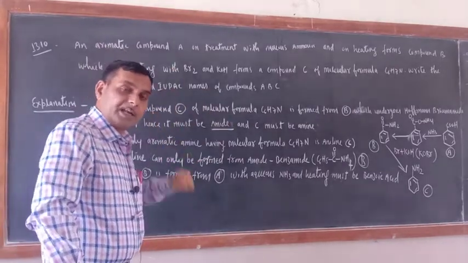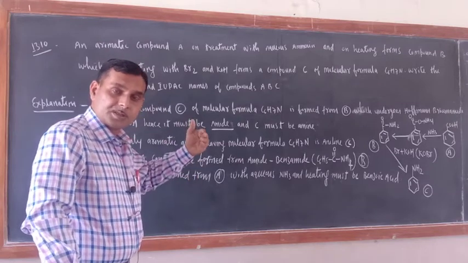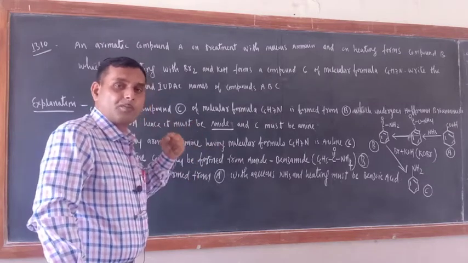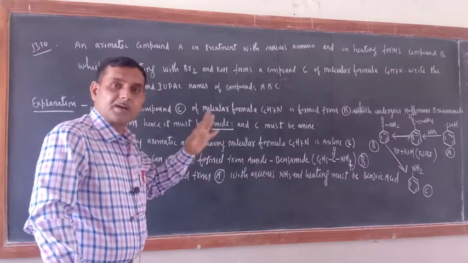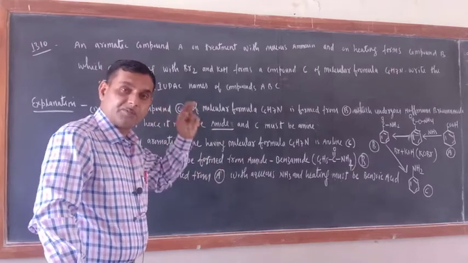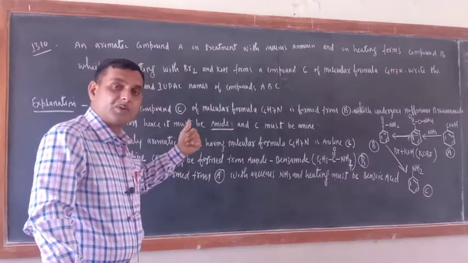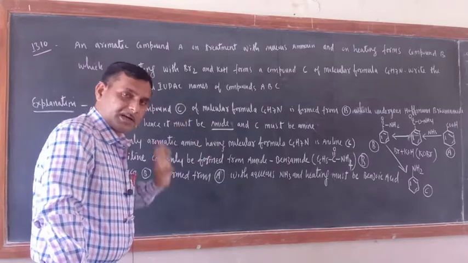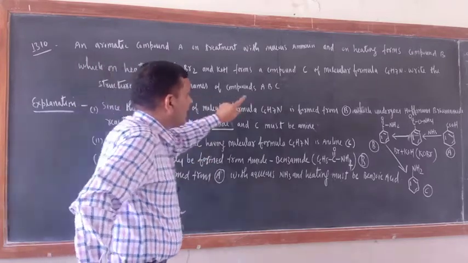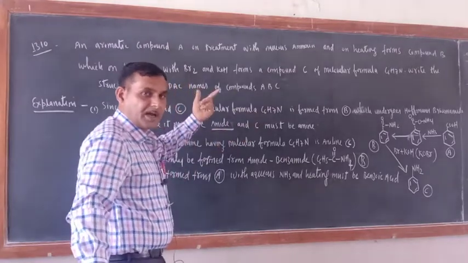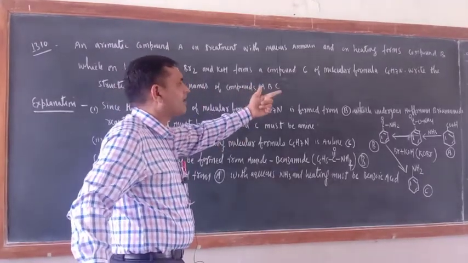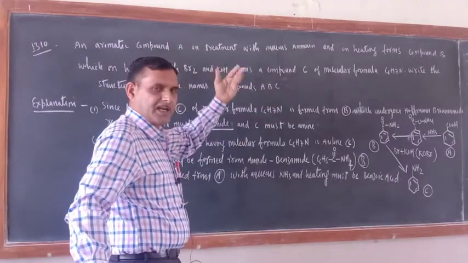And when any amide undergoes Hofmann bromamide reaction, the product must be an amine containing one carbon atom less than the original amide. Correct? And the molecular formula of the amine formed is C6H7N.